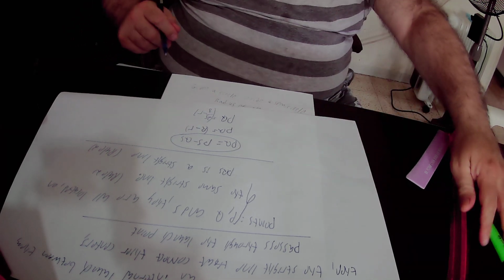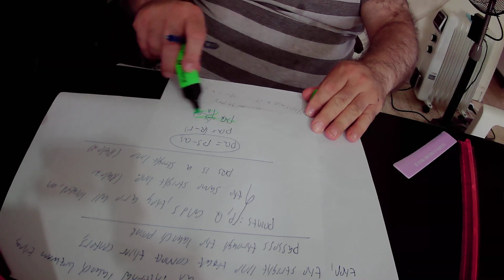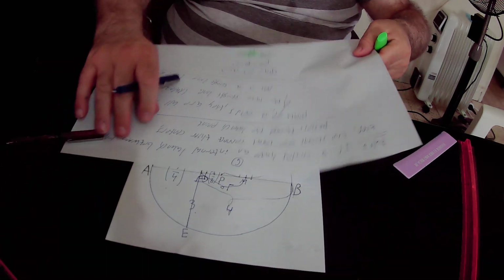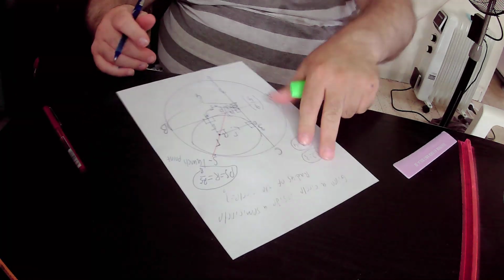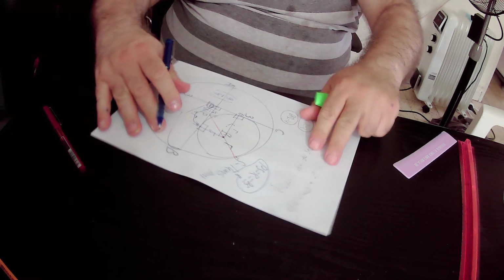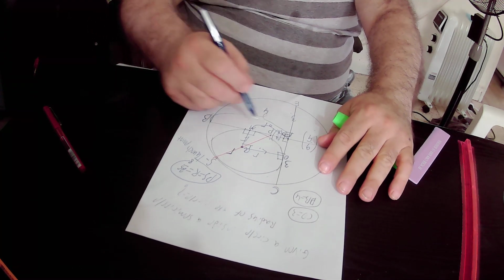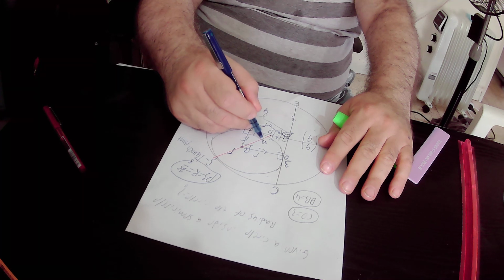Okay? So we can write here that PQ equals 25 over 8 minus small r.